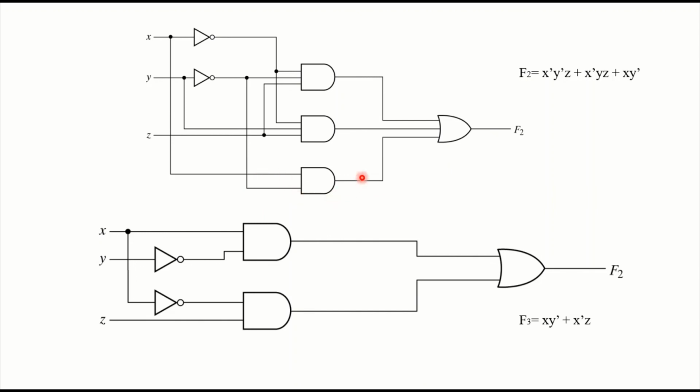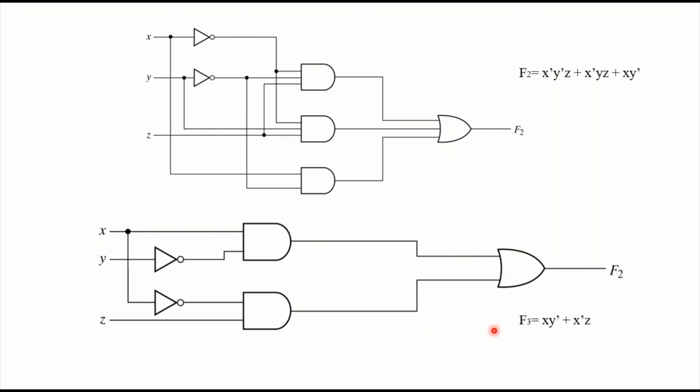So we are getting X Y bar at the output of this AND gate. Now we are ORing these three terms and we are getting output as F2. F2 will be this term plus this term plus this. So we are getting F2 as X bar Y bar Z plus X bar Y Z plus X Y bar.